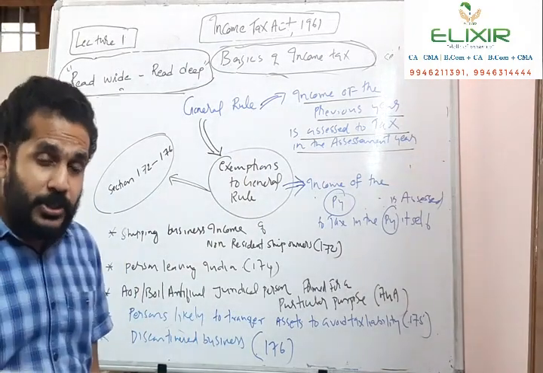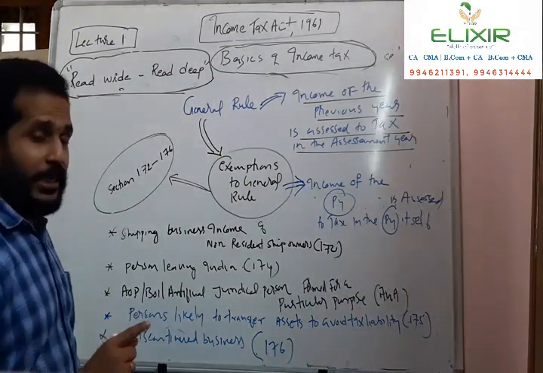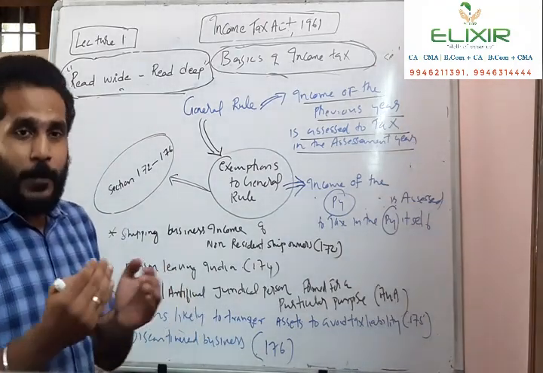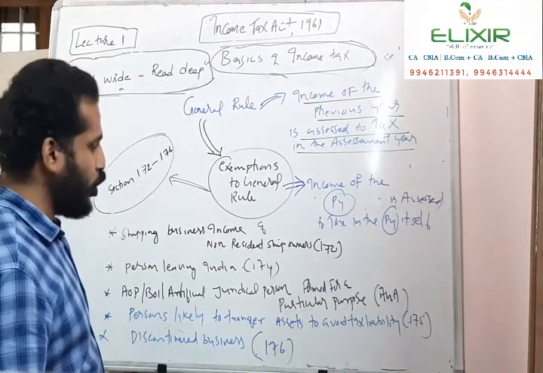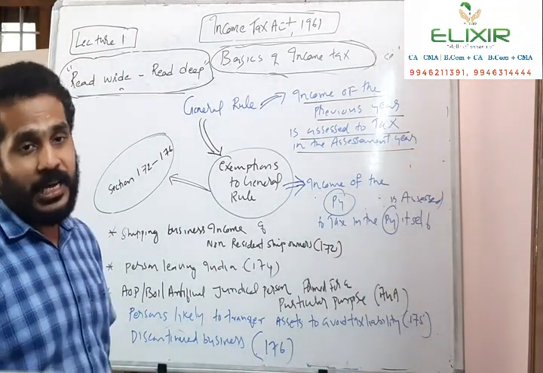If it appears to the assessing officer that a person intends to leave India with no intention to come back, then that assessing officer will insist such person to pay tax and assess the tax in the previous year itself.